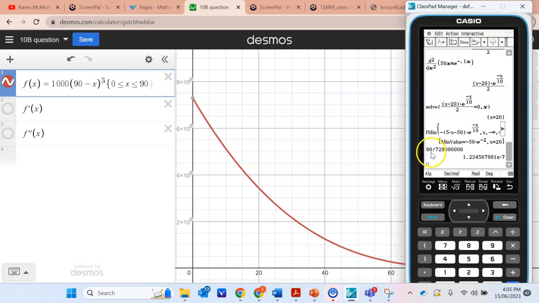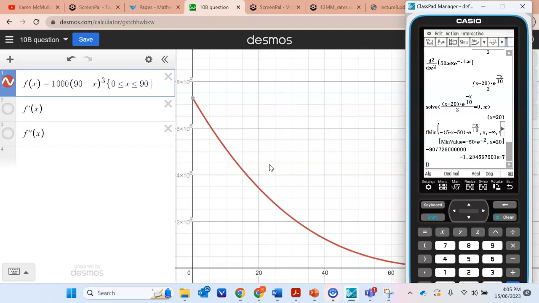That should be negative. It doesn't really matter because it's going down. So that e to the negative 7 is not your exponential. That is times 10 to the negative 7. So we just need to move that decimal place. Actually, that's not. Or maybe that's the gradient.